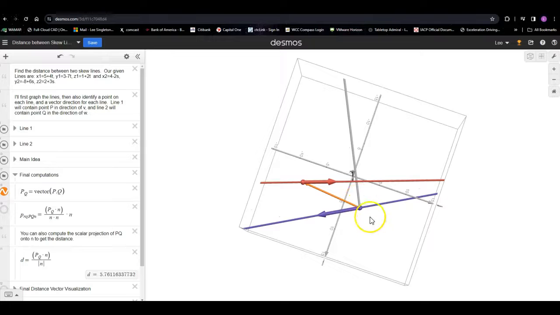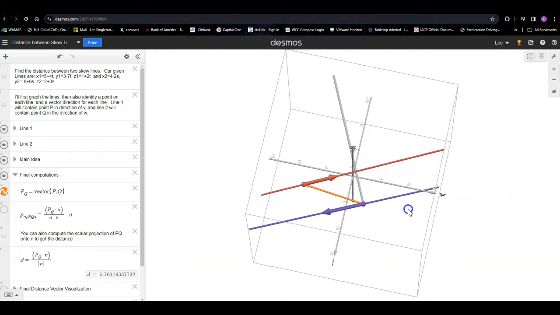I'm going to zoom in a little bit so you can see this better. I'm going to project that vector onto this normal vector. If I'm at the perspective where these two are parallel, then that vector projected onto my normal vector, and the length of that projection, will be the distance between those two lines.